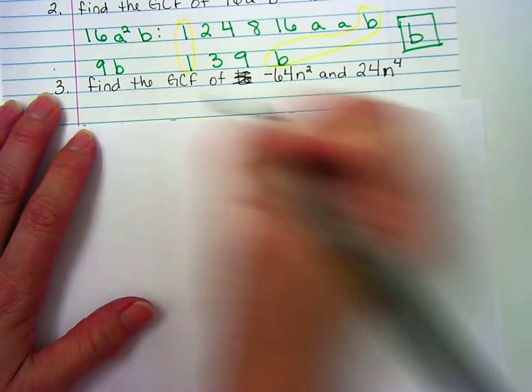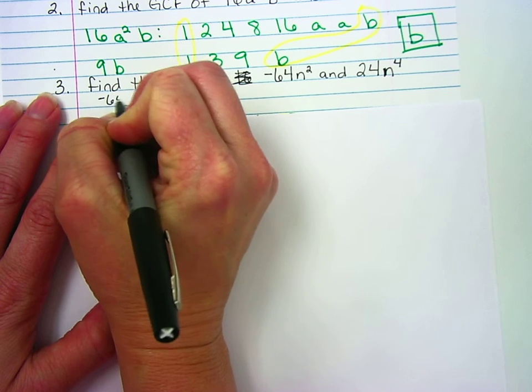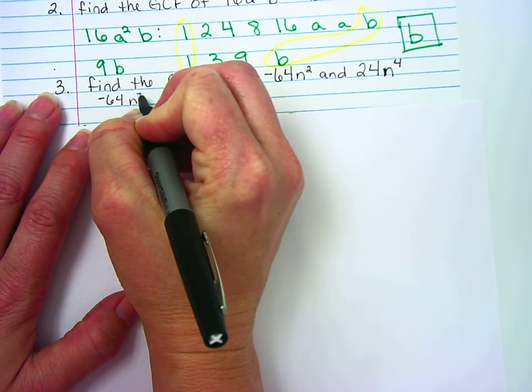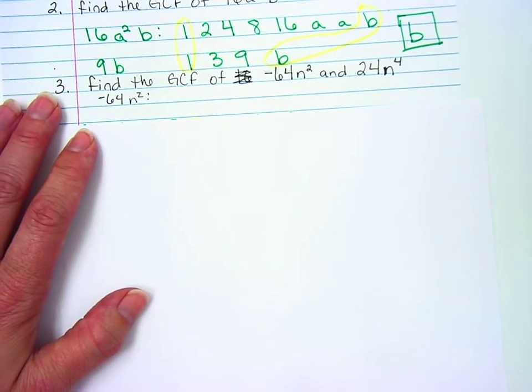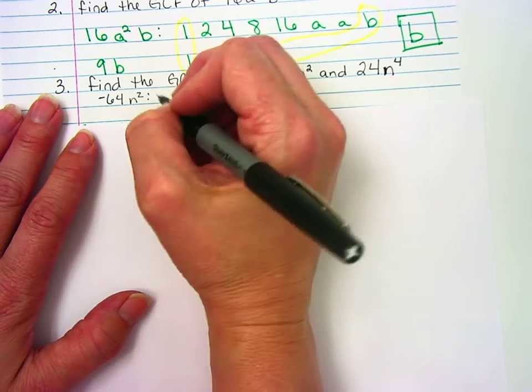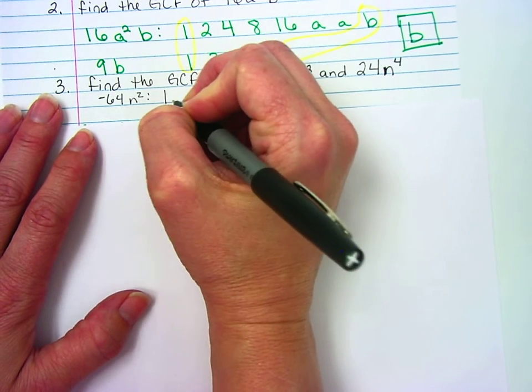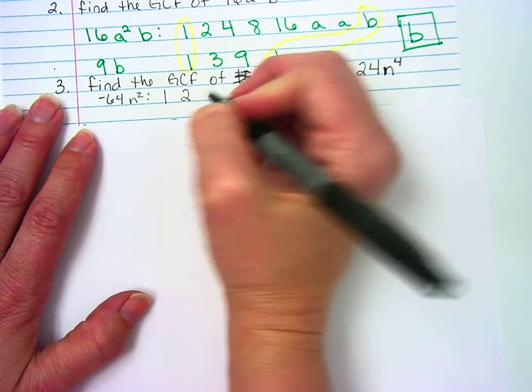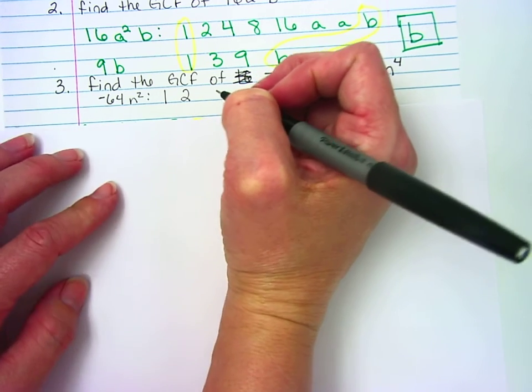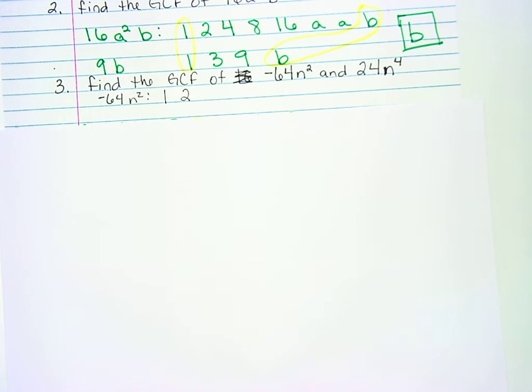So I have negative 64 n squared. What are the factors that make 64? I have 1, 2, 4 goes into 64. Give me a second, I'm thinking it is 24.